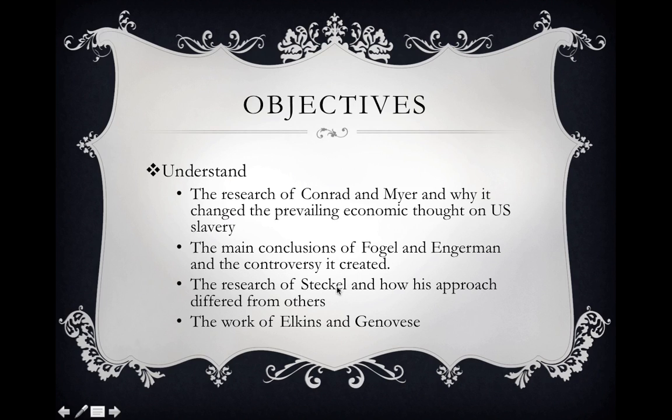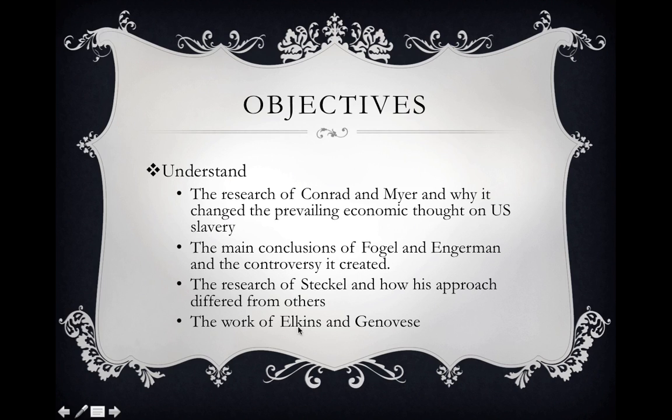In particular, STECKEL was taking a look at the treatment or the material existence of slaves, and his approach is very different from the approaches that other people looked at in determining how well the slaves were treated. And to me, it's very interesting work how he approached these issues. And then finally, we'll take a look at the work of ELKINS and GENOVESE.